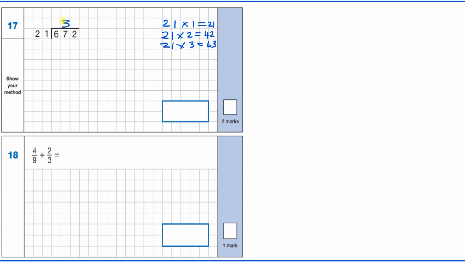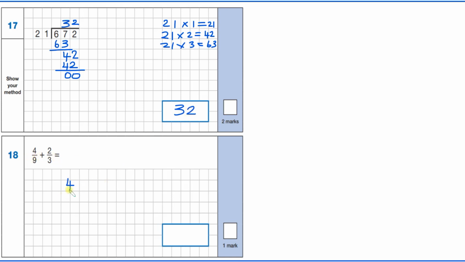So I'm going to write 3 and this is 63. Now you need to take away 67 take away 63, which is 4. And drop the 2, that is 42. 42 means 2 times, so 2 times 21 is 42. And remaining is 0. So the answer is 32.